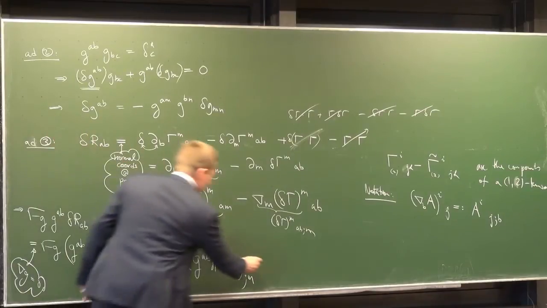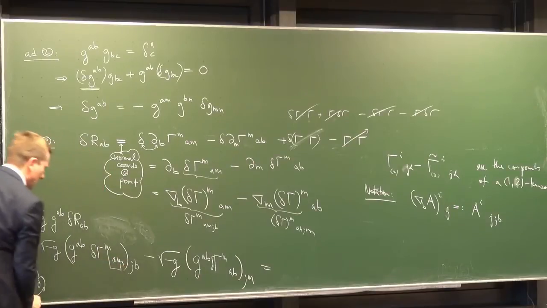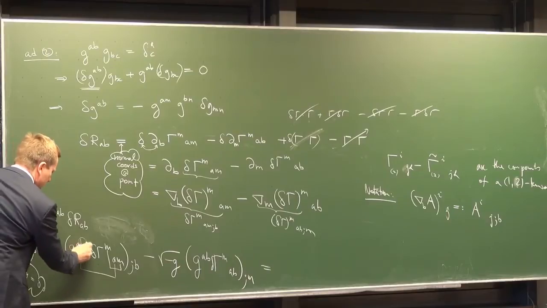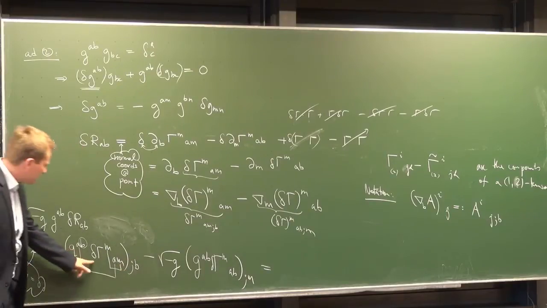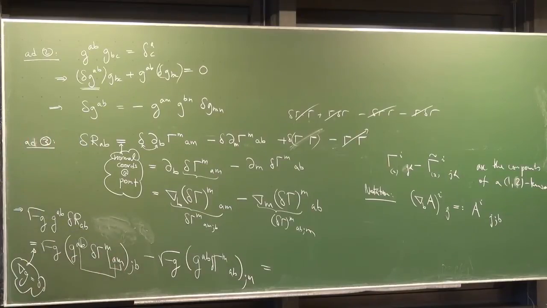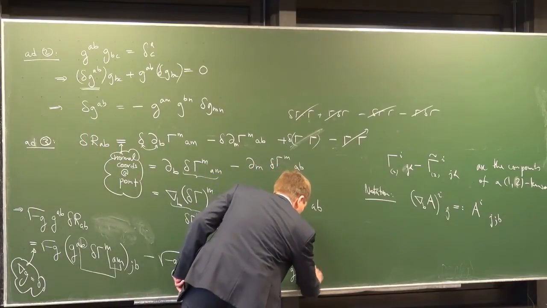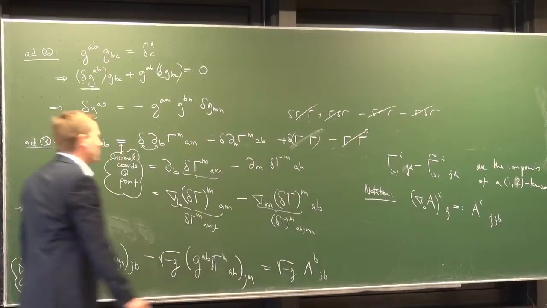Because if you look at this, this index M is summed over, this index A is summed over, all that's left here is an index B, which is then being derived, but because this is a tensor and this is being summed over, in here are vector components. So I can identify that there's a vector A with components B, and the vector is covariantly derived with respect to B.